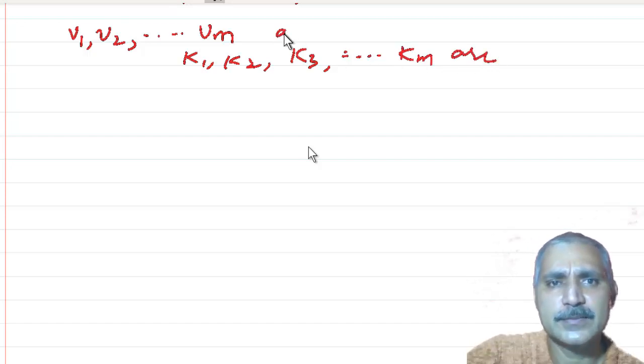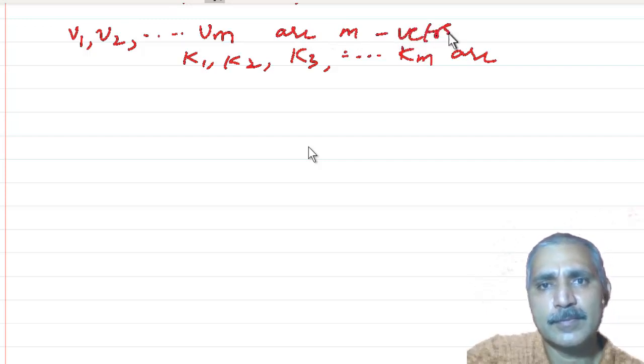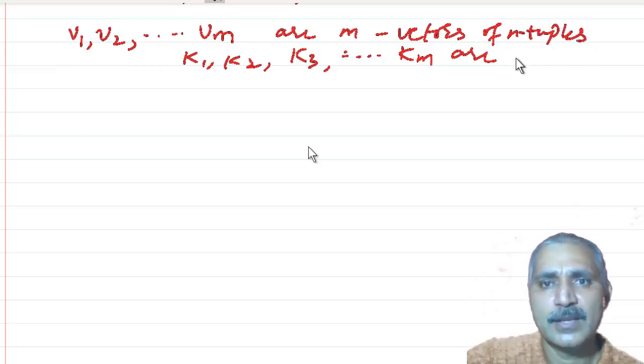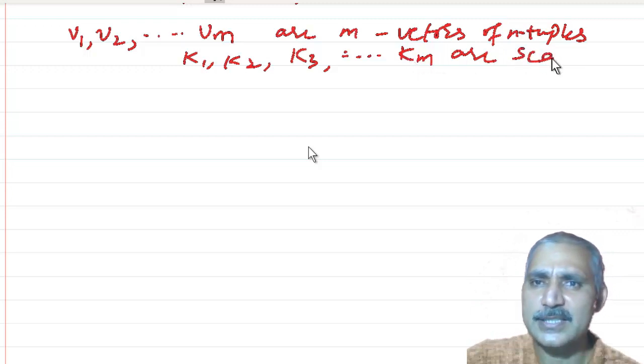These are vectors of n tuples. These are km, that is the m constants, that is we say as scalars.